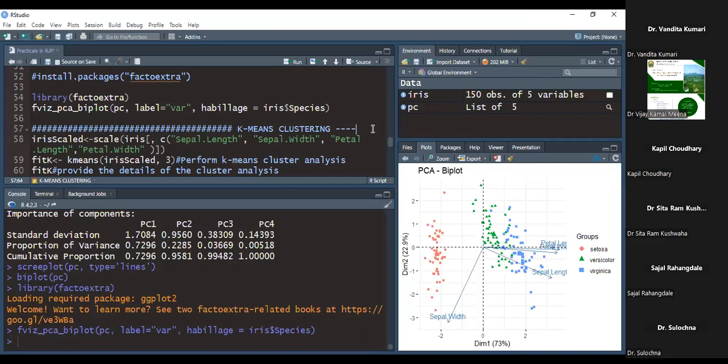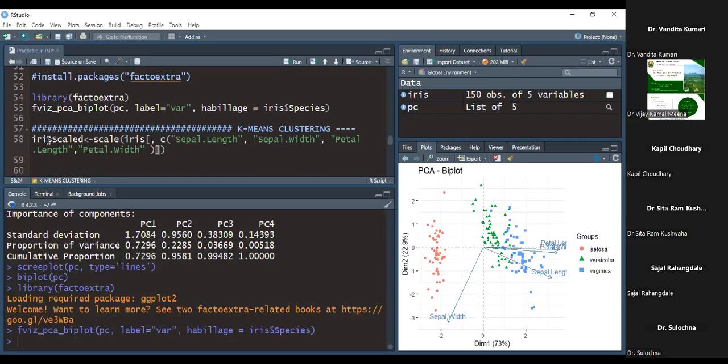Okay, so I'm going to take the same iris data set. First, we are going to scale the data. I have named it iris_scaled, you can name it anything. We use the scale function, the data set is iris, and we take all the rows and only 4 columns selected: sepal length, sepal width, petal length, petal width.